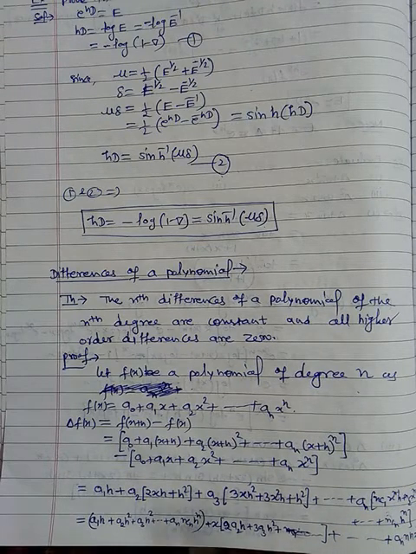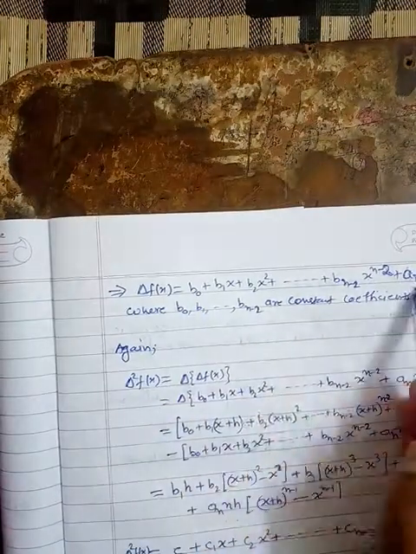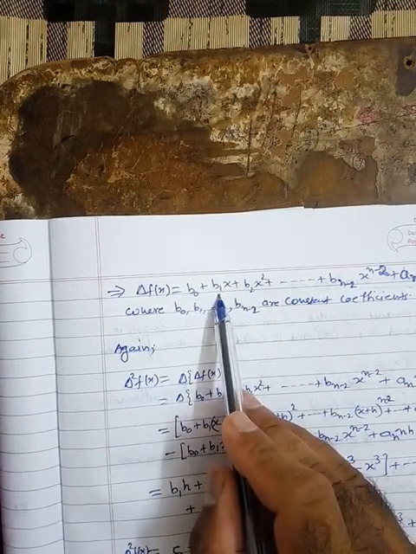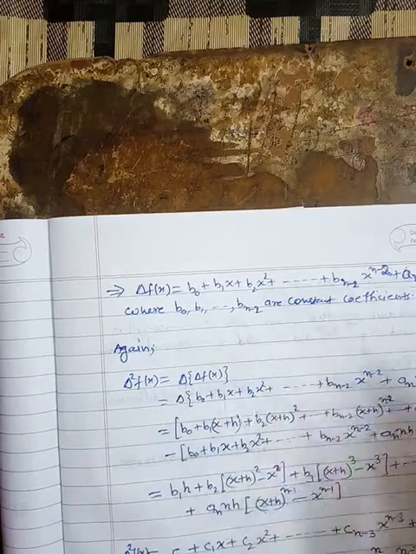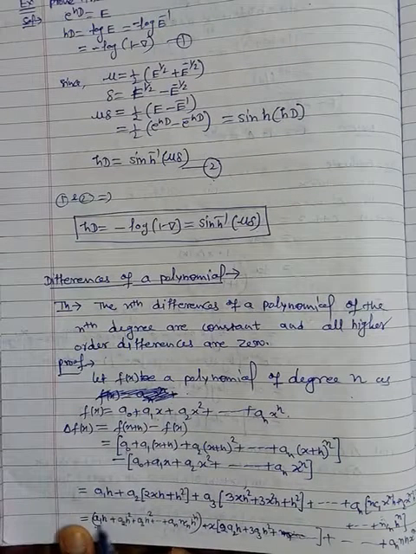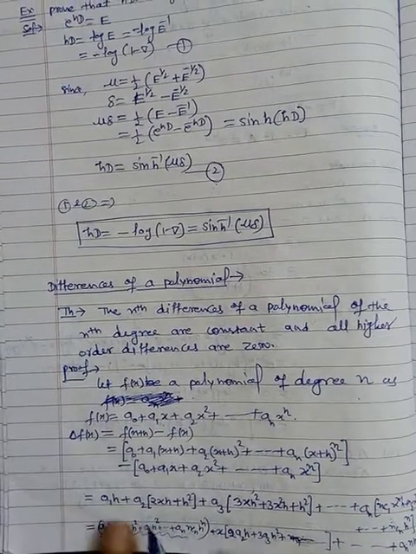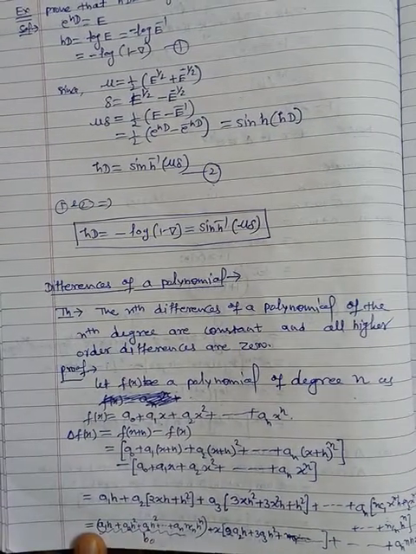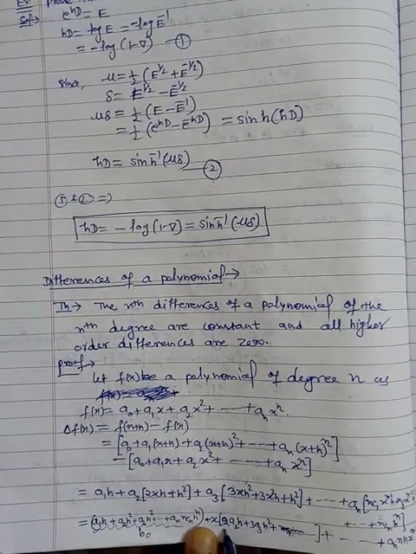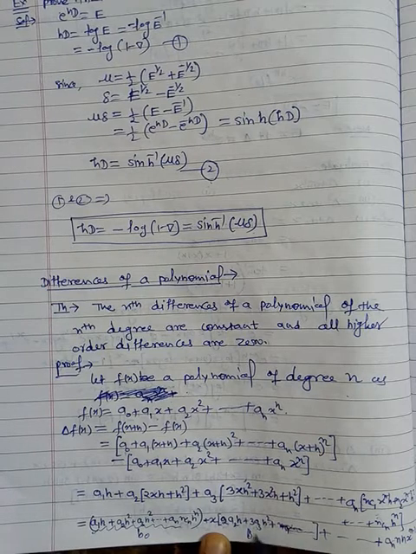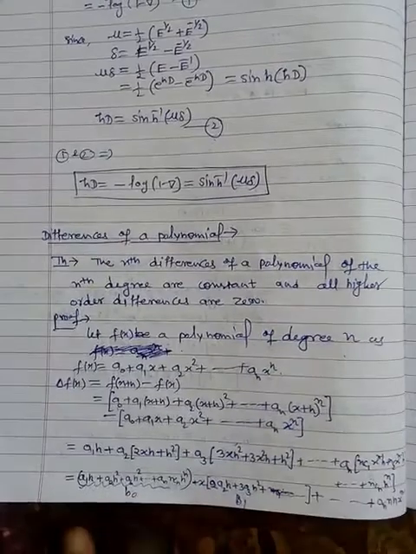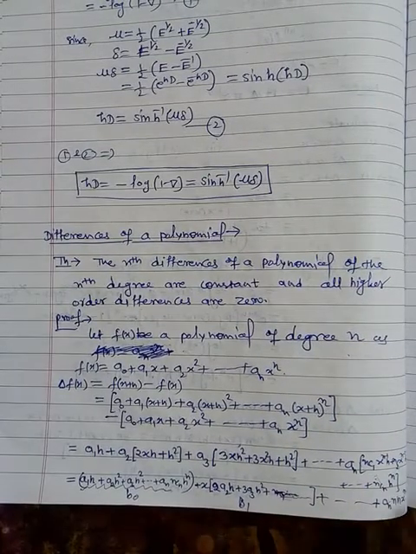We get this type of polynomial: b0 + b1x + b2x² + ..., where b0 is obtained by assembling all the constant terms. Similarly, the coefficient of x is assembled at one place and denoted by b1, and so on.